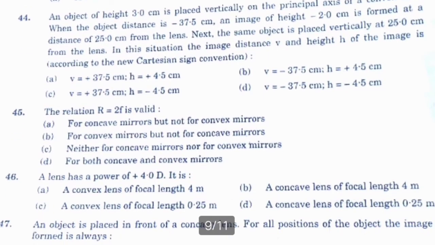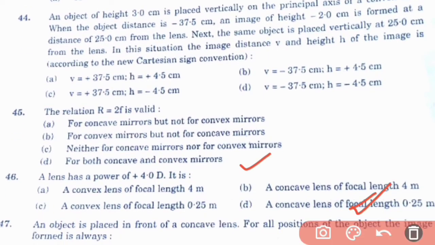Next question we have, that is question number 44th. An object 3.0 centimeter is placed vertically on the principal axis of a convex lens. When the object distance is minus 37.5 centimeter, an image of height minus 2.0 centimeter is formed at a distance of 25.0 centimeter from the lens. Next, the same object is placed vertically at 25.0 centimeter from the lens.